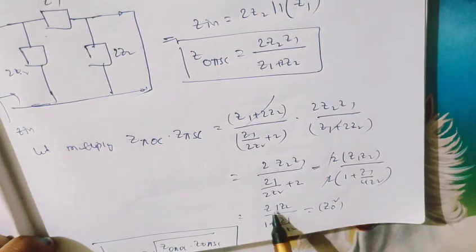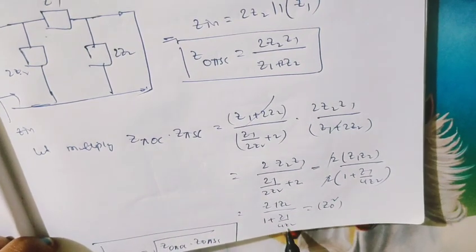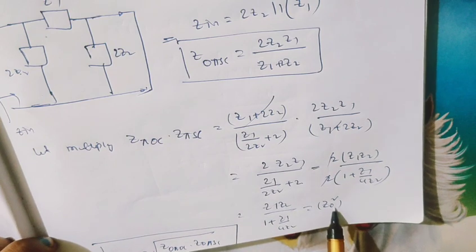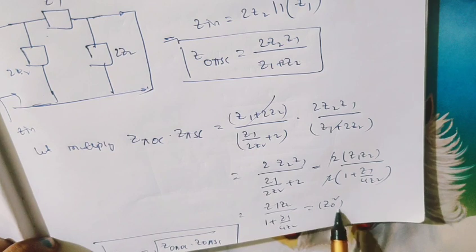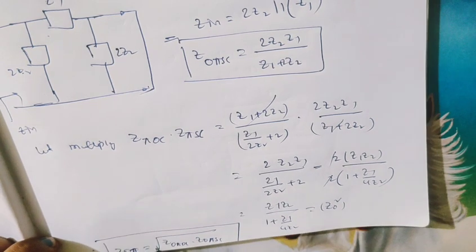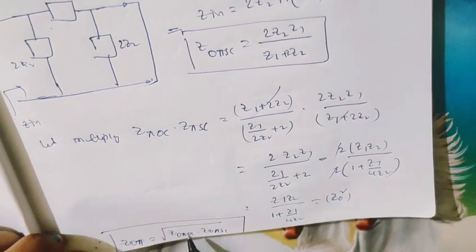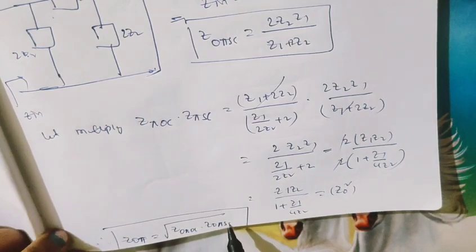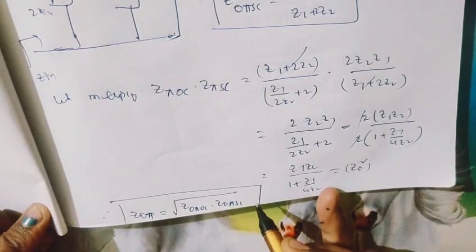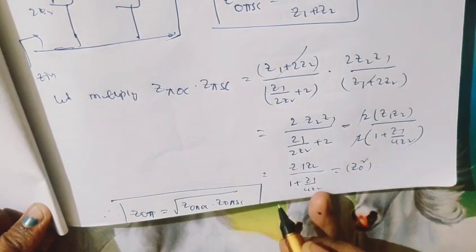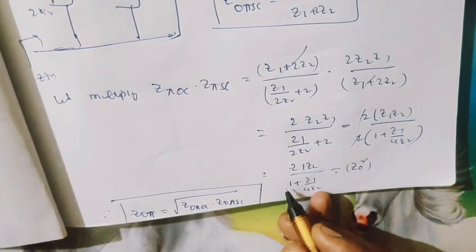And we know that Z1 Z2 by (1 plus Z1 by 4Z2) is nothing but Z0 square from the previous derivation. Therefore from here we can write Z0 is equal to the square root of the open circuit impedance times the short circuit impedance. Hope you are clear on this topic.